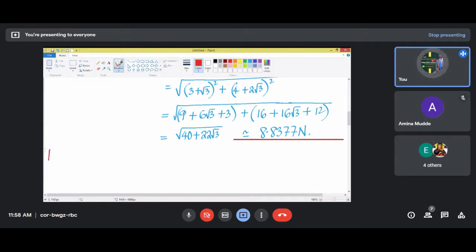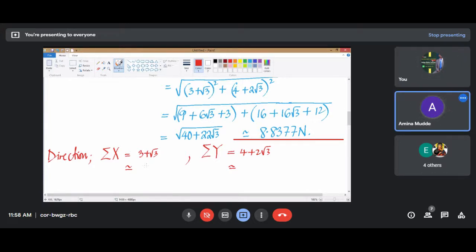So for direction, we need to compute the summation of x. That's 3 plus root 3. What is it approximately equal to? Then compute the summation of y, that 4 plus 2 root 3. What is it approximately equal to to 3 decimal places? Has someone computed that one?